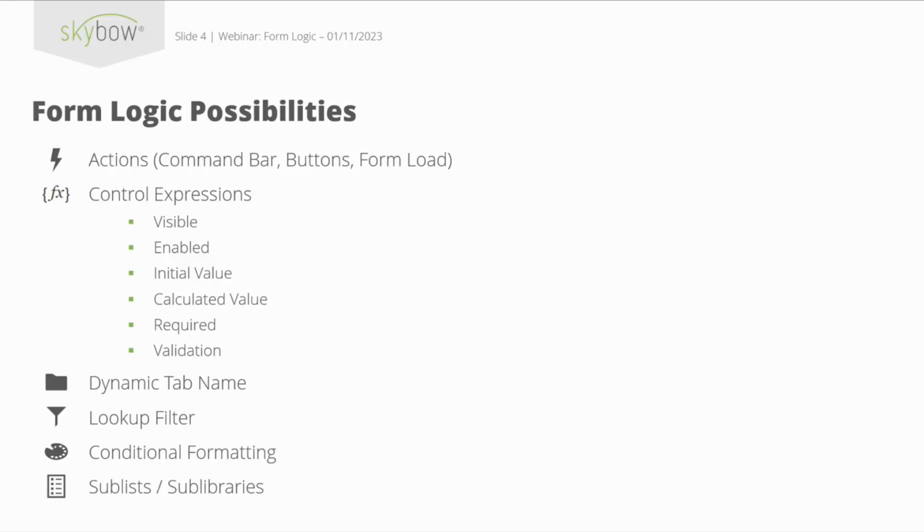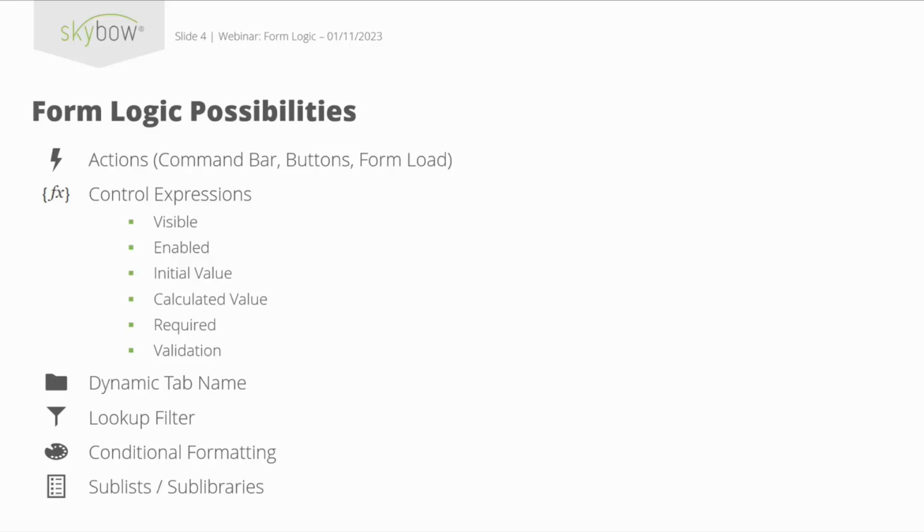And then for the form fields itself, you have these 6 options. I will show you in the demo afterwards. You can define when the field should be visible, if it should be enabled or not. So it's there, but it's probably disabled. And you can define initial values.